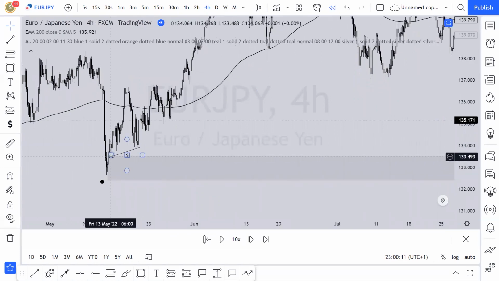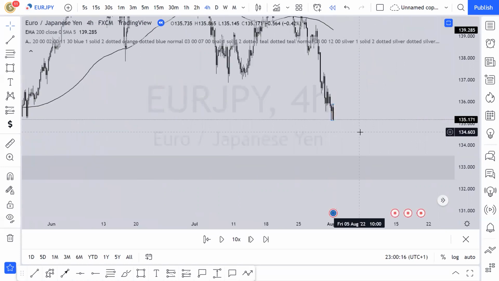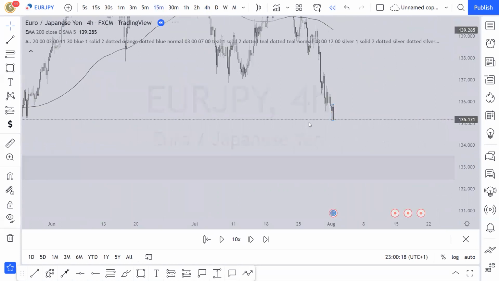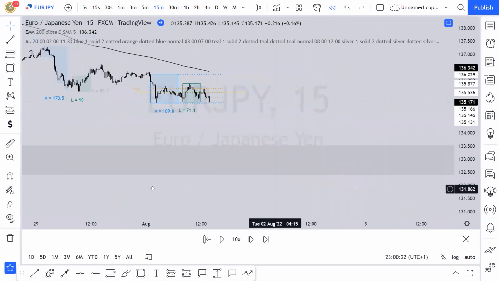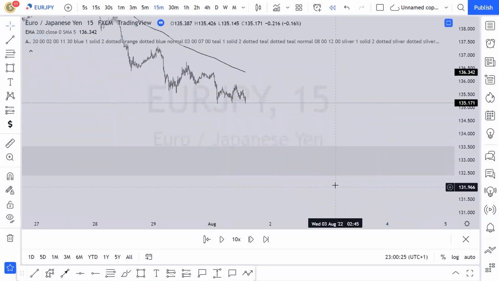So the areas below this low is where I'm interested in. I just want to see the direction that price will give me once price gets to that area. So let's go down to our 15 minutes time frame so that we can see what price actually did there.